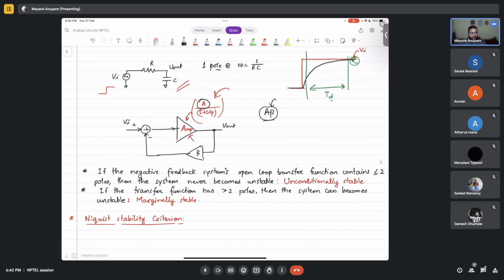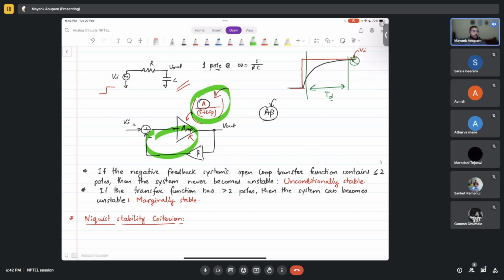The actual definition is that if the system is stable without any condition, it is unconditionally stable. So it turns out that if the open loop transfer function, which in this case is A beta divided by s plus omega p, has less than or equal to two poles, then the system will always be unconditionally stable.